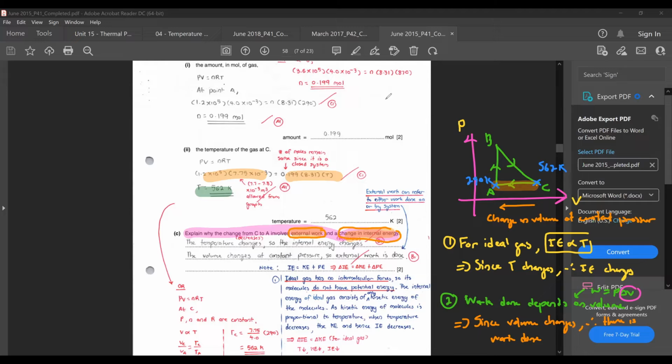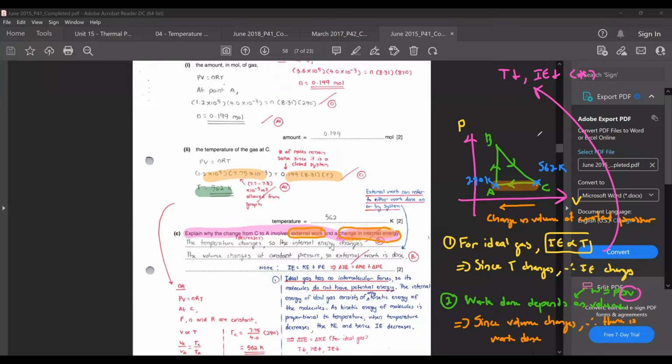Because if you want to go a bit more detail, which is unnecessary here, you could have said that from 562 Kelvin to 290 Kelvin, T is dropping, internal energy is dropping. But this one is not necessary. The question just says, state whether there's any change in internal energy. You're not required to explain the nature of the change, whether it's increasing or decreasing. And likewise for the external work part, they just want to know whether there is any work done. They're not really concerned whether it's work done on the gas or by the gas.